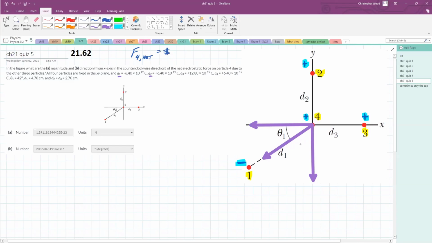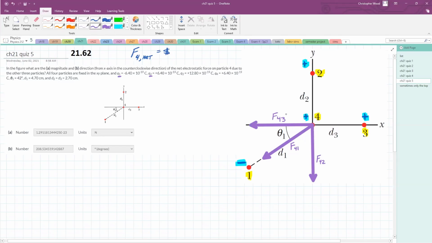So that's mutual attraction. So this is F on 4 from 1. Particle 2 is positive. Particle 4 is positive. That's mutual repulsion. So this is F for 2. Particle 3 is positive. Particle 4 is positive. That's also mutual repulsion. So this is F for 3.